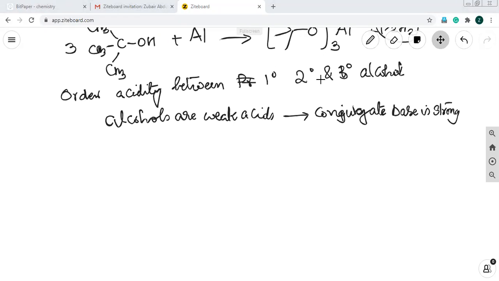Okay. So let us look at the different conjugate bases. This is the conjugate base of a primary alcohol, methanol. Here is the conjugate base of ethanol.